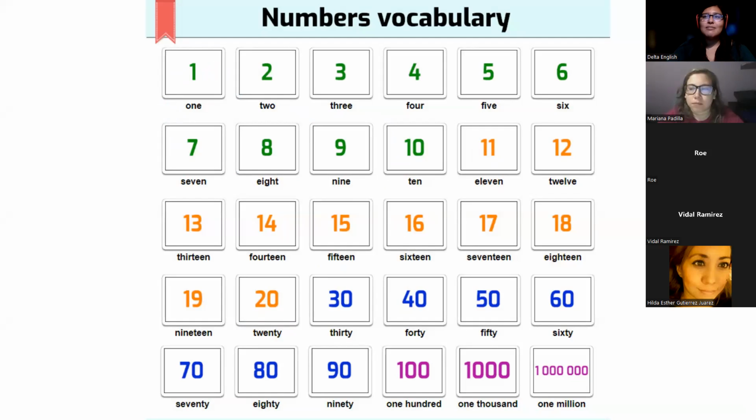Ustedes saben que a partir de 20, ¿cómo voy? 21, 22, 23, 30, 31, 32, 33, 41, 42, etc. En inglés es exactamente igual, excepto por estos de aquí. Porque igual que yo digo once, doce, también en inglés cambia. So we're going to practice now from 11 to 20.